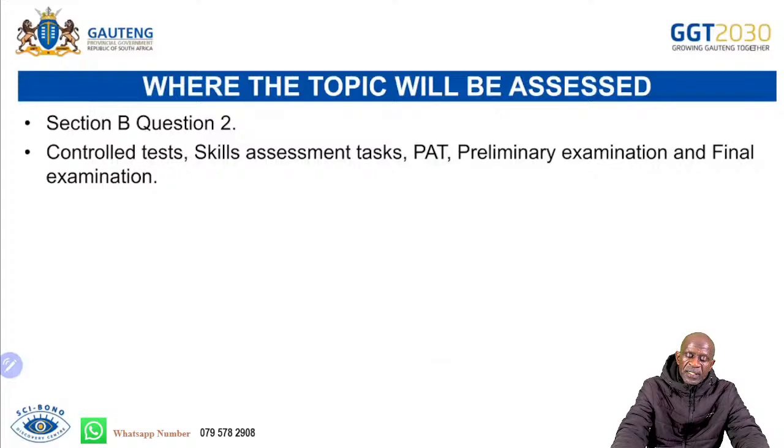You'll find questions based on time zones also in the PAT. You'll come across time zone questions in the preliminary examination and the final examination, in section B, question 2, and you'll also find them in the short questions which are allocated in section A of your question paper, that is question 1.